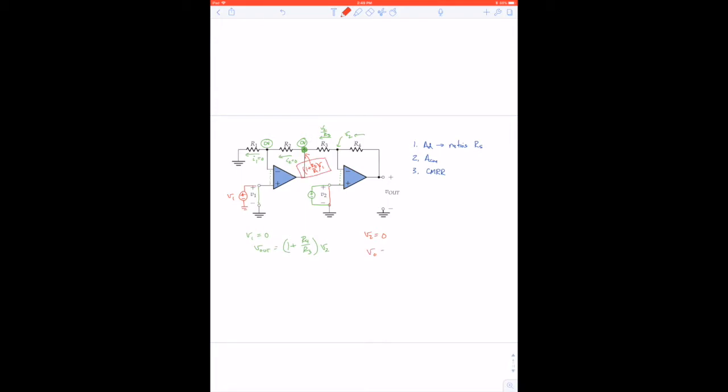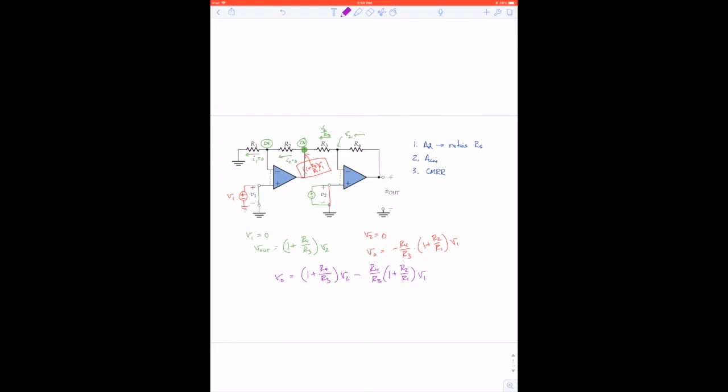And so V out will be minus R4 over R3, that's the gain of the inverting configuration, times the potential at its input, which is 1 plus R2 over R1 times V1. And then by superposition, we can write that V out is equal to 1 plus R4 over R3 times V2 minus R4 over R3 times 1 plus R2 over R1 times V1.